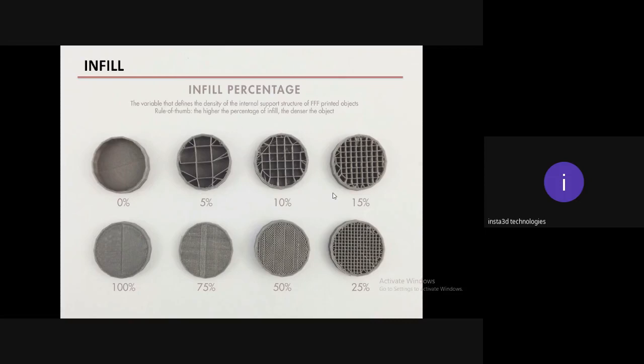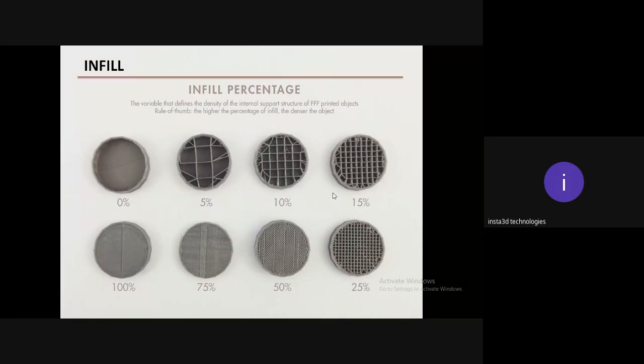That cannot be attained in any other manufacturing technologies, traditional manufacturing processes. But if you want to print an end use product or functional product, you can go with 100% or 90%, whatever you recommend for the product. Okay. And based on this infill percentage, the print time also varies.